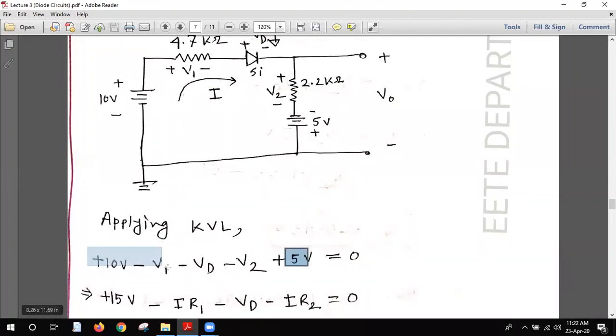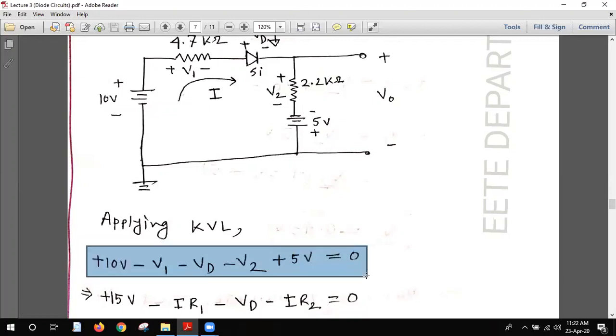So we have just applied the KVL. I think you know KVL properly. You know, the summation of all voltage in a loop is equal to 0.